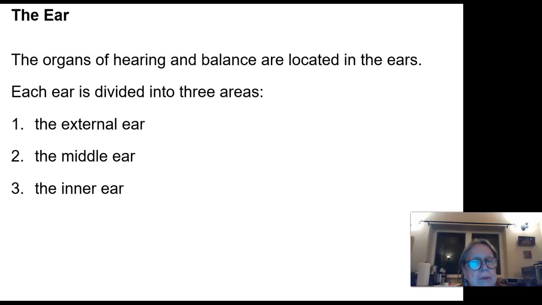The organs of hearing are divided into 3 areas. They have the external ear, which is the outside, the middle ear, which is the middle part, and the inner ear, which is another part that's connected to the brain.